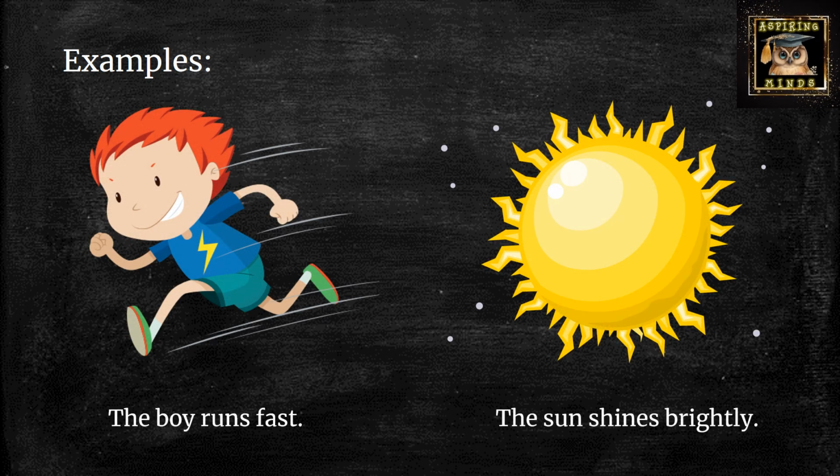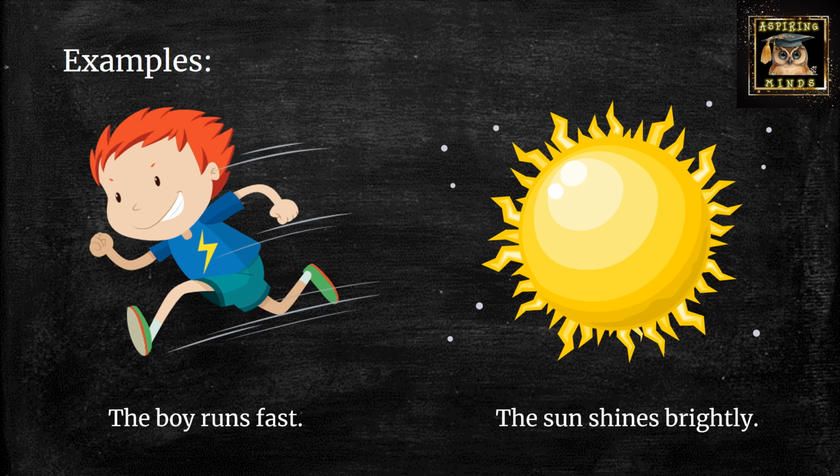Let us try to understand the definition that we just saw of an adverb with the examples. In the first image you see, the boy runs fast, right? So here what is the action word? The action word is runs, right? And it is further being described. How is the boy running? We could have said the boy is running slowly or he is just running rapidly, but here the word fast has been used.